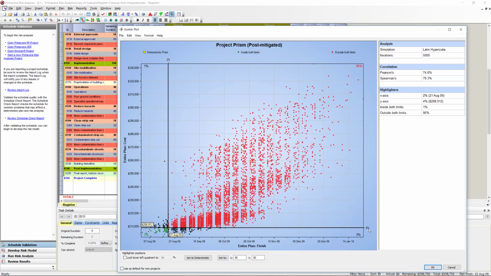Okay? Now, if I move here, let's say I want to have a level of confidence of 90% to meet my finish date. Okay, I want 90% of confidence that I will be done with my project by the date I specify.